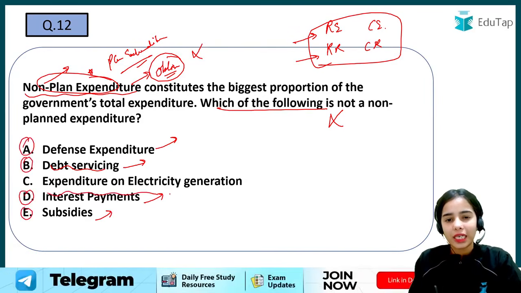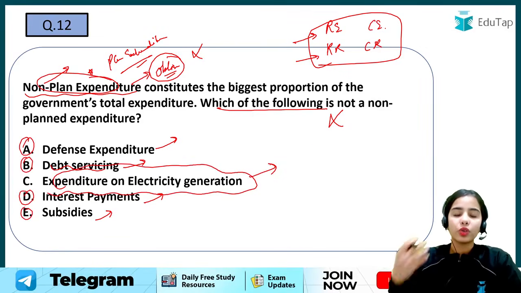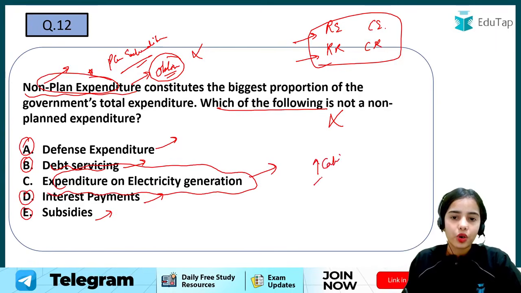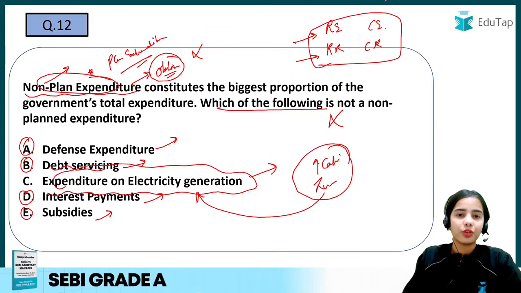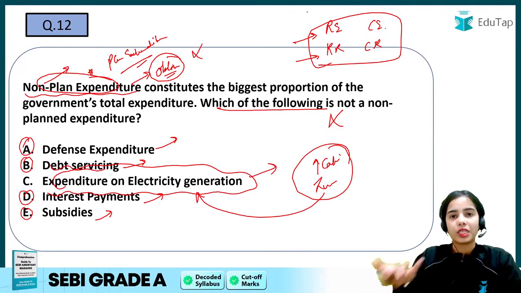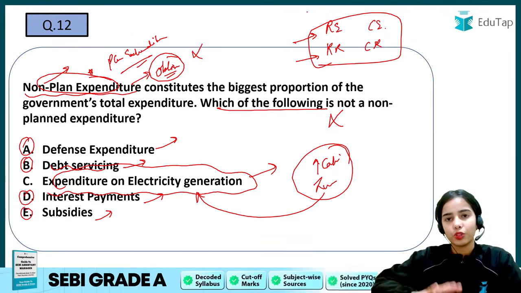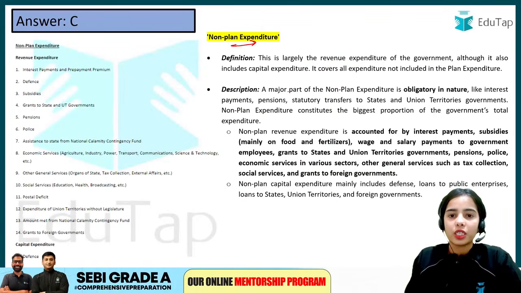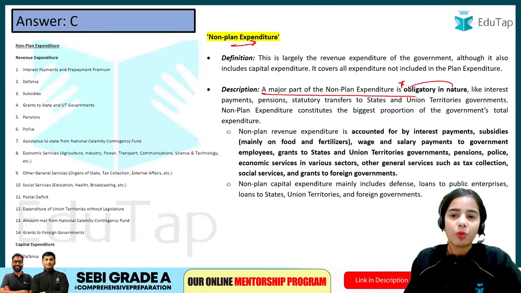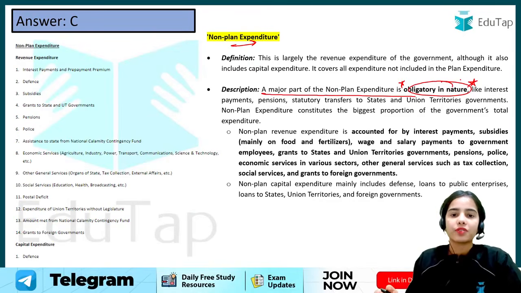But the expenditure on electricity generation is the investment that the government does to increase the capital asset. So this is the plan expenditure that the government is doing to improve electricity generation. A major part of the non-plan expenditure is obligatory in nature, like interest payments, pension, and statutory transfers.